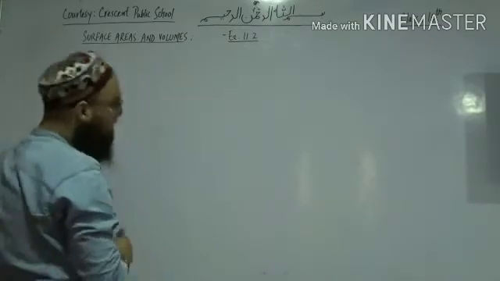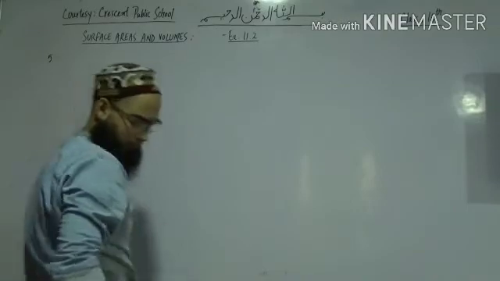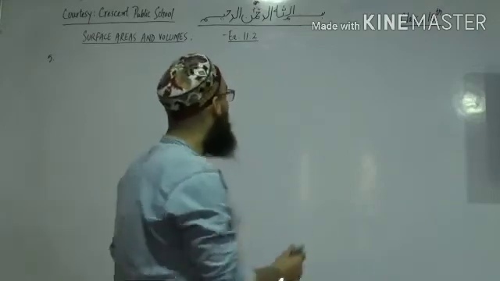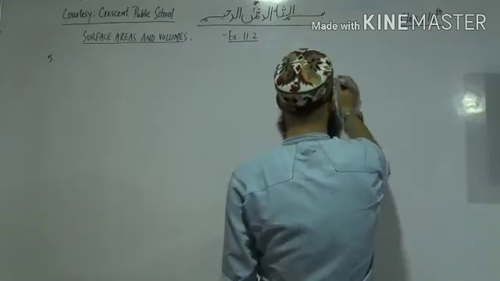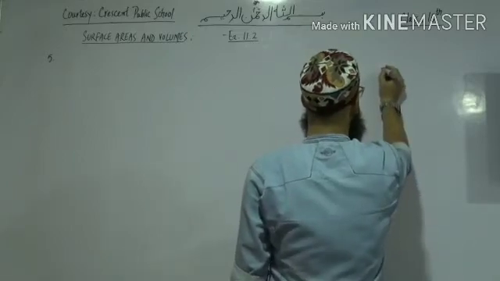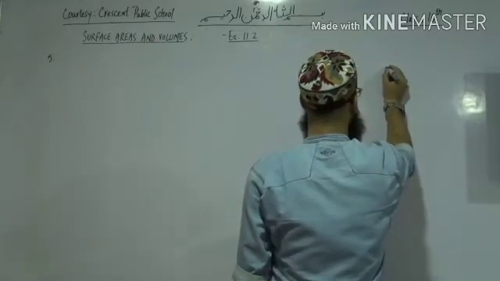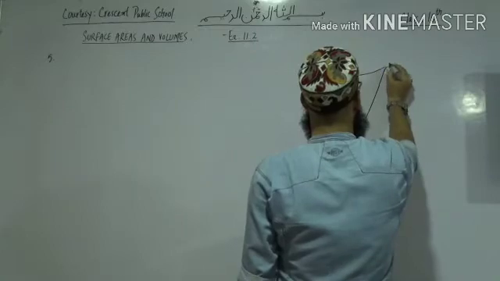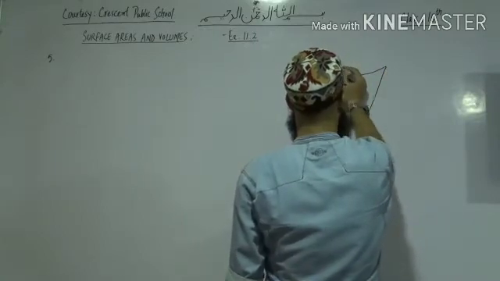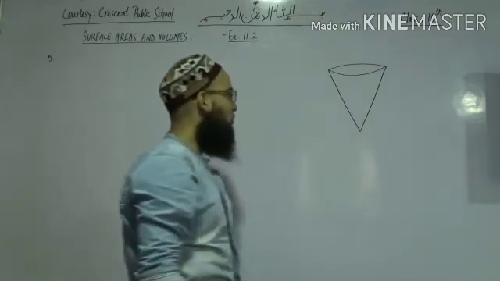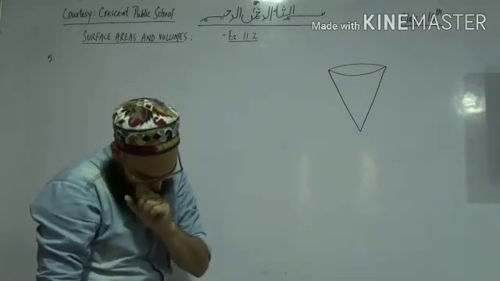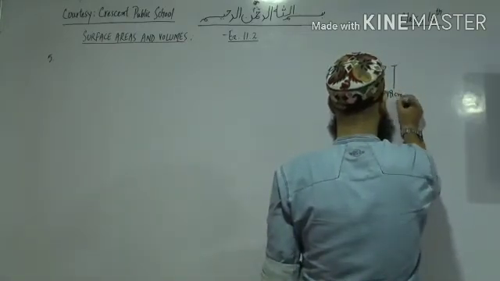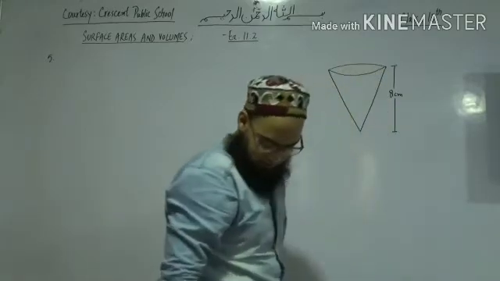Now question number 5. A vessel is in the form of an inverted cone. Its height is 8 centimeter.